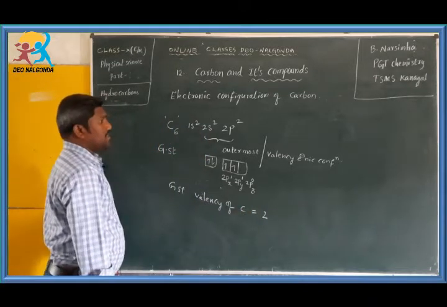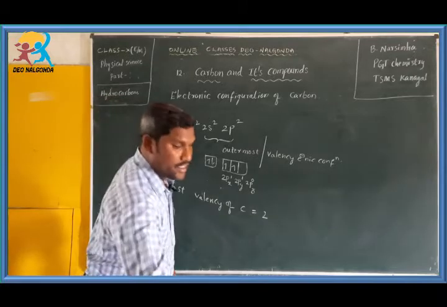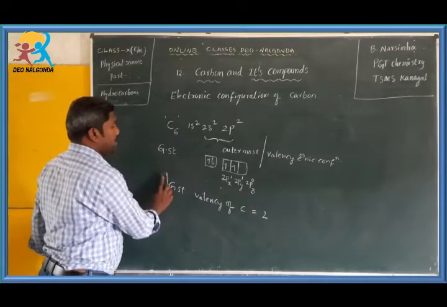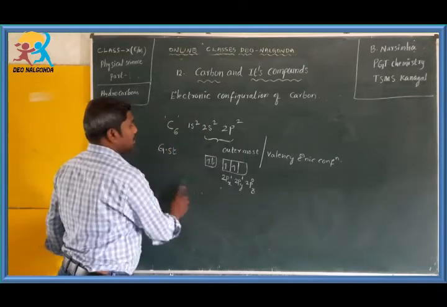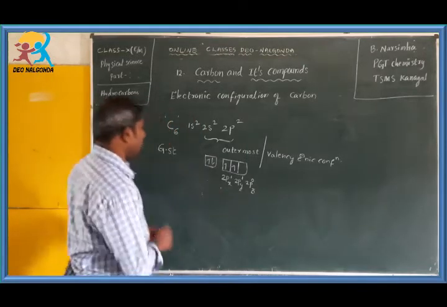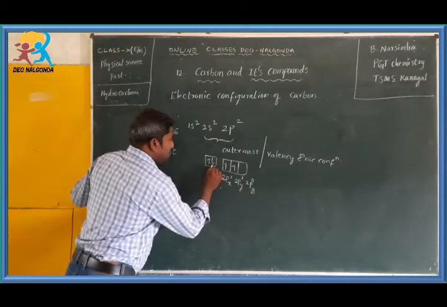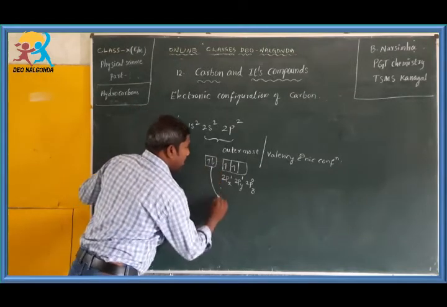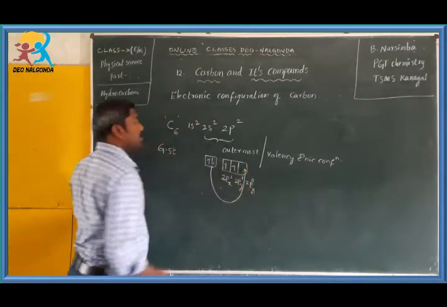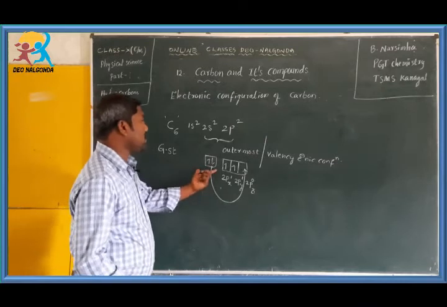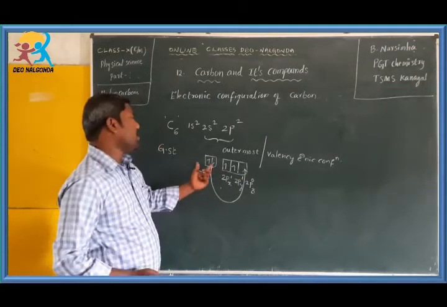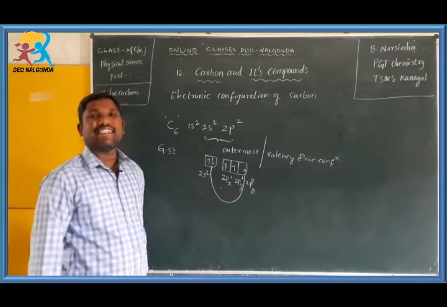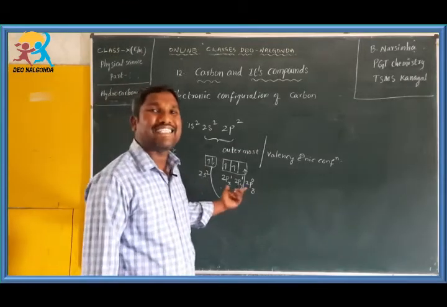What is the meaning of excited state? A lower energy electron goes to a higher energy level. The electron jumps from the 2s subshell to the 2p subshell.